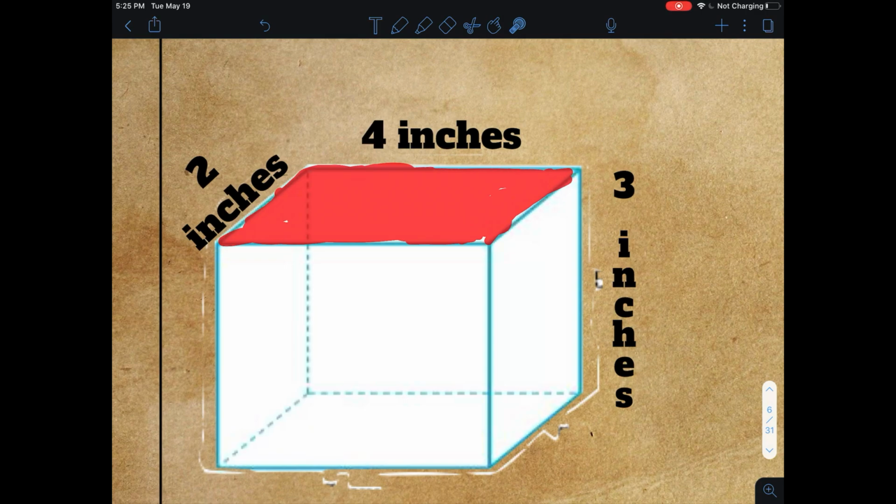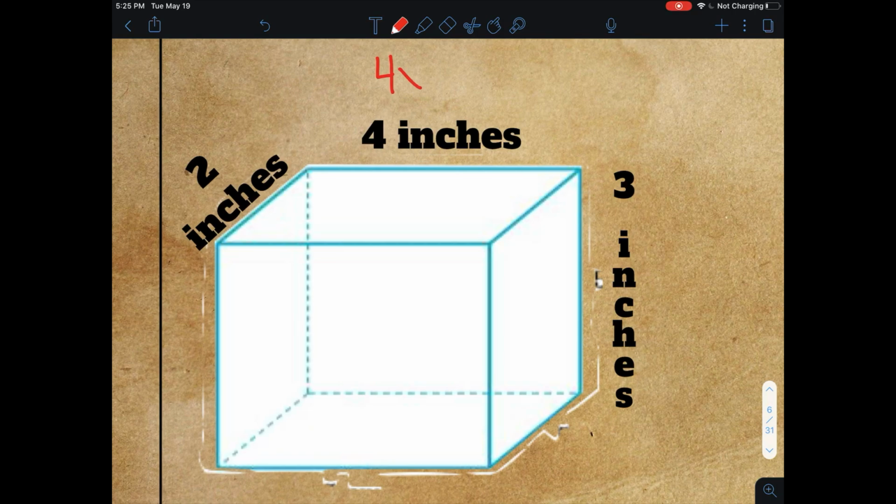So to figure out the area of that top layer, we just multiply 4 times 2 again, and we get 8. But it's not 8 unit cubes, or I'm sorry, 8 cubic units.